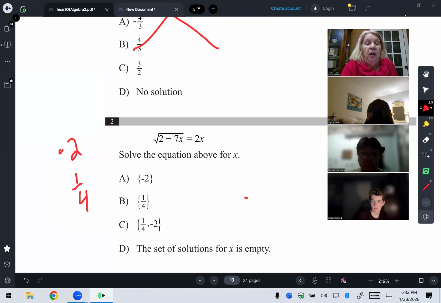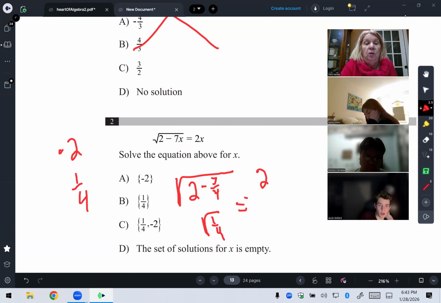So we're putting in the 1/4. So the square root of 2 minus 7/4, which is 1/4. So we have the square root of 1/4. Does that equal 2 times 1/4? So this equals a half.